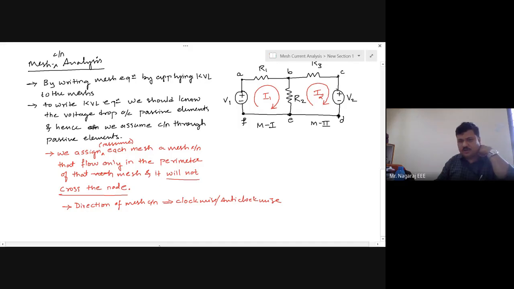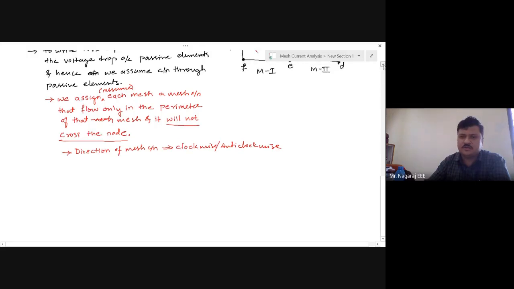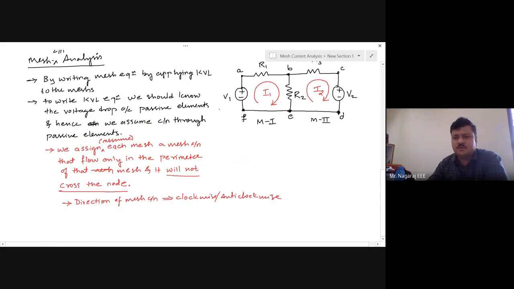So here what I consider throughout this subject is clockwise direction. Why I consider clockwise direction is, most of the books follow this convention. So it will be easy for you to compare and study from the class notes and from the textbook. That is the only reason. Even if I apply anti-clockwise currents in each mesh, I will get the same equations. Equations will not change.